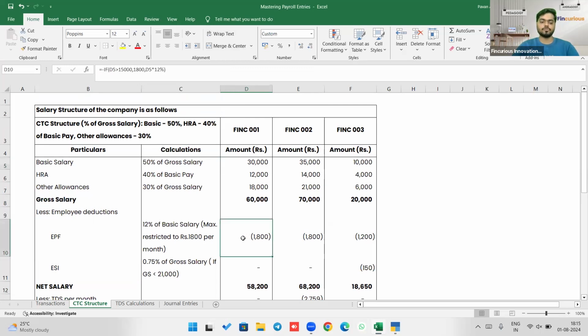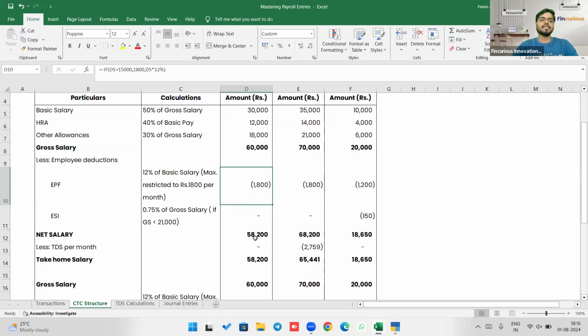Even though 30,000 into 12% will come to around 3,600, you cannot claim 3,600 as a deduction. Why? Because as per the EPF Act, the restriction amount is only 1,800. So the maximum deduction is 1,800 only. That is why here you can take a maximum of 1,800. You can see we have used the IF formula here and did this.